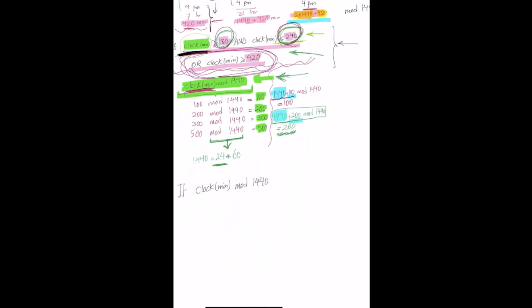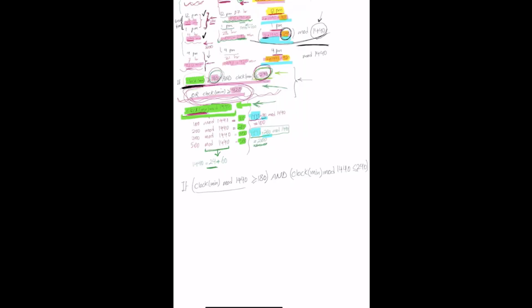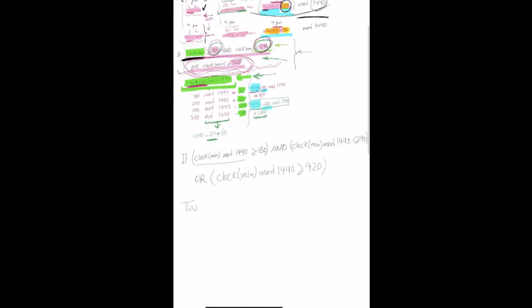Okay, so I have to look at this and compare that with 180 and say that, okay, if this condition holds, or, then, so if this condition holds, meaning that we are during the break time or past 4 p.m., then send the customer to exit.